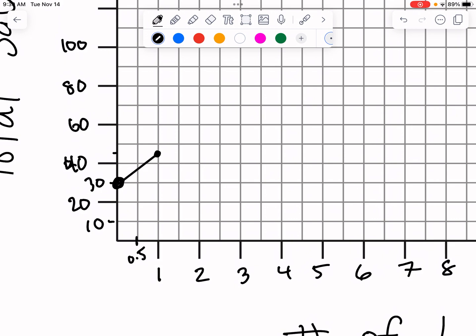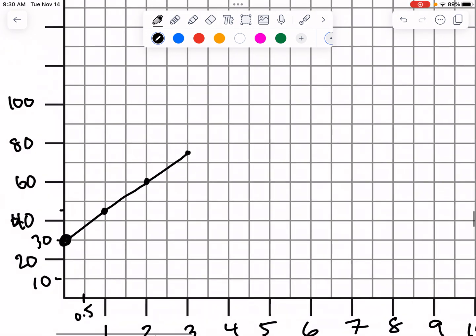To help us, we're kind of just moving up a box and a half, and then over 2 boxes. So up a box and a half, over 2 boxes. A box and a half, over 2 boxes. Just keep continuing that.